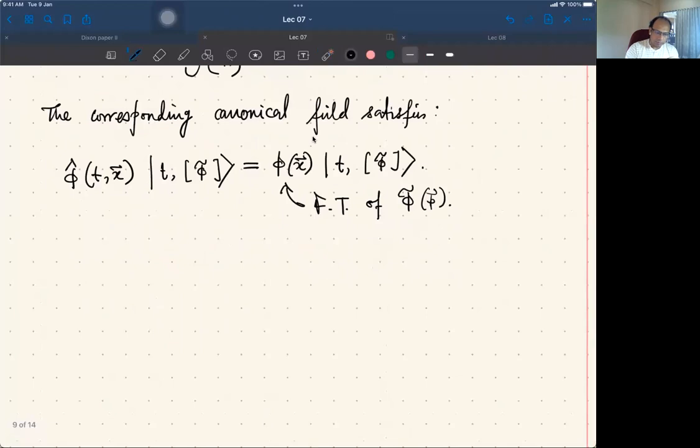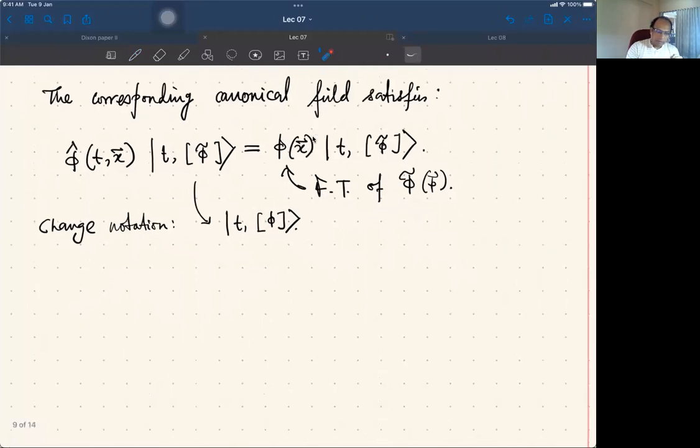So change notation. The same state has the same information. They are the same states. They have equivalent amount of information. You depict the state by the position space profile or momentum space profile. It doesn't matter. Given one, the other can be found.